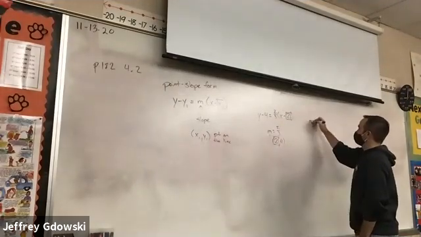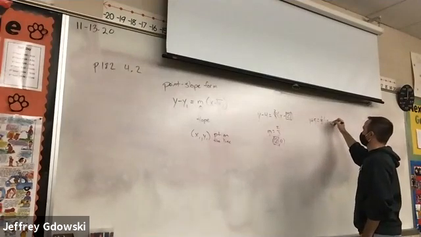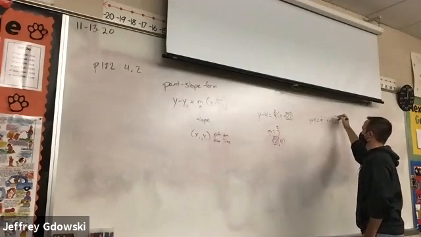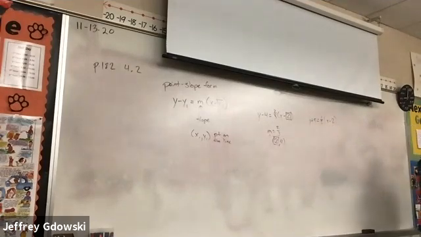So let's do another one. Let's see if we've learned our lesson. Let's try this again. What's that point going to be? What's the slope? We need to write it out first. Okay.